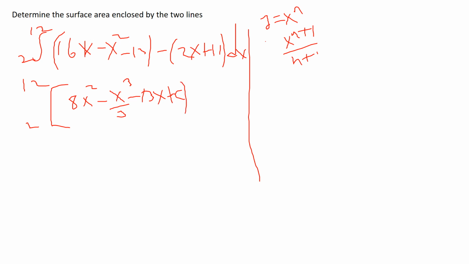Remember we are subtracting the equation. If we integrate 2x, we get x squared, then plus 11 integrated becomes 11x, because it is 11 x raised to power 0, and then plus c there.